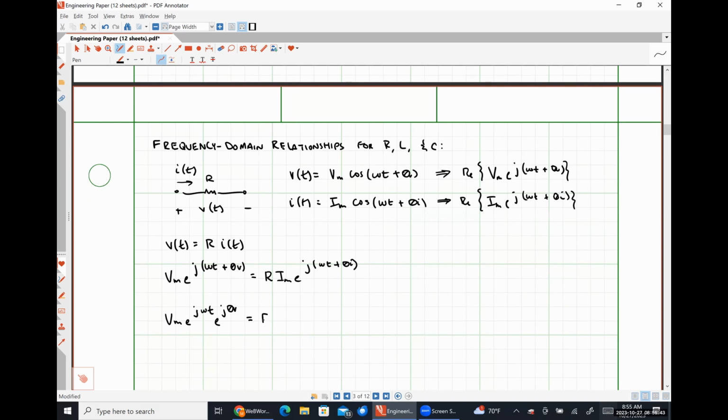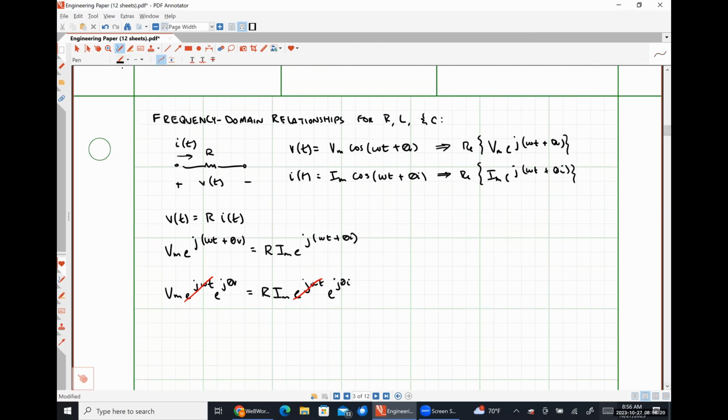And I'm going to do the exact same thing for my exponential on the right-hand side: e to the j omega t times e to the j theta I. Now from here, we can see that we have a common factor of e to the j omega t on both sides, which means we just get to throw that part away, which happens to be exactly the reason why we can treat phasors the way that we do, where we just throw that omega t bit away because it's common to everything. Okay.